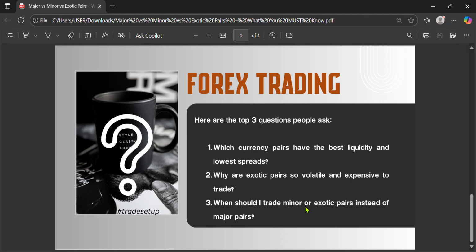Why are exotic pairs so volatile and expensive to trade? The reason is the low volume in them, and you need a good lot size to place your trade to get profit. That's why it can be expensive to trade.